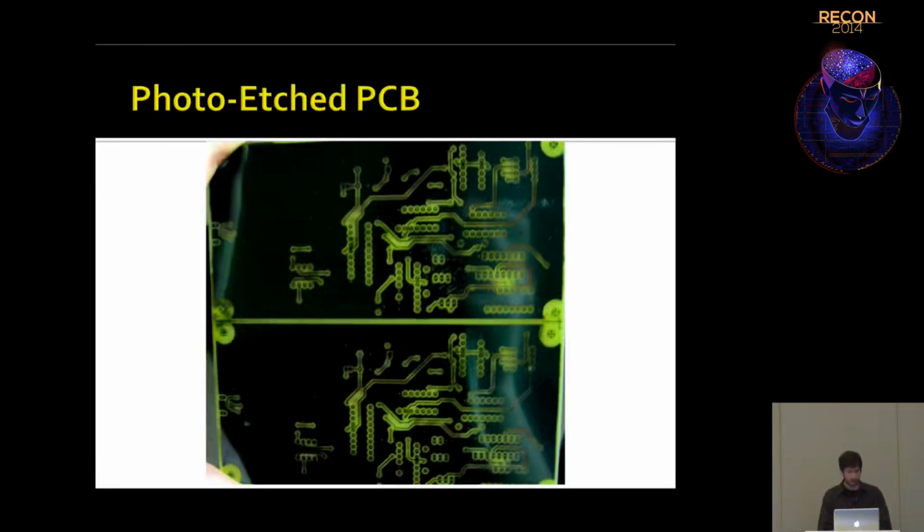This was my nightmare: a hand-etched, photo-etched PCB. My transparency mask was not quite flat on one edge of the pre-sensitized board here. So what happens is you literally get out of focus traces on the board.